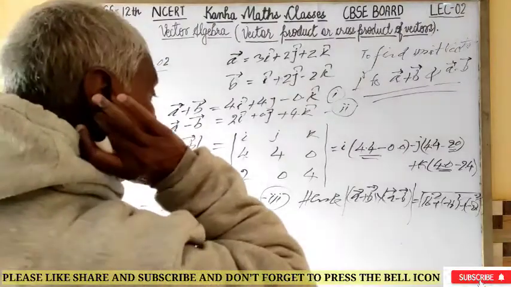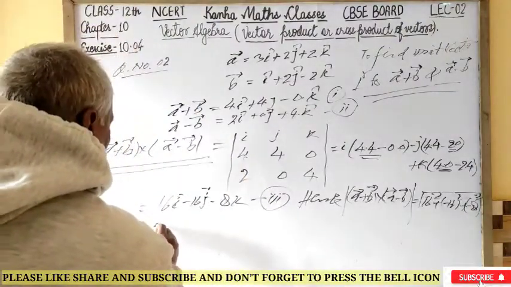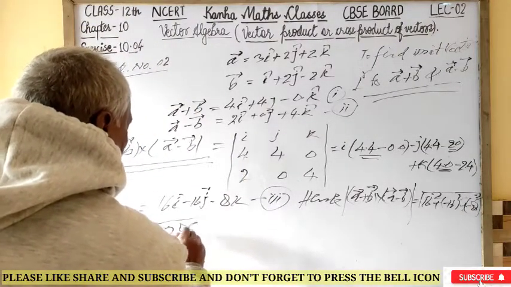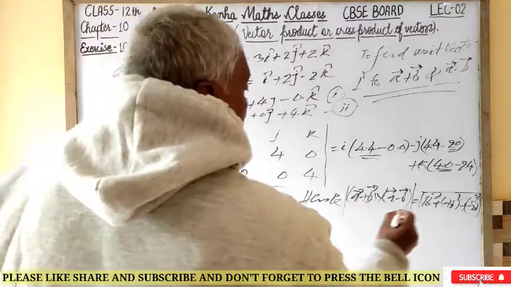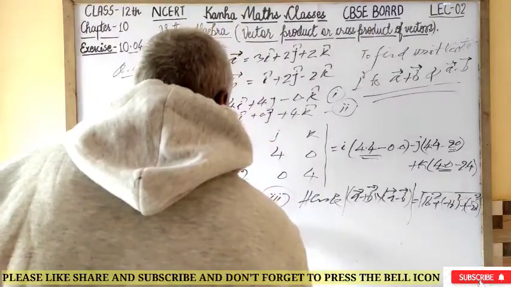This is equal to 16 square means 256, plus 256, and here plus 64.